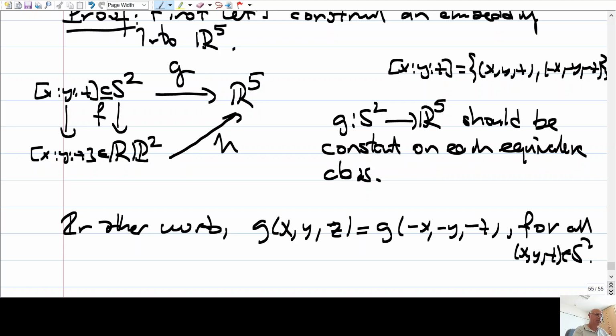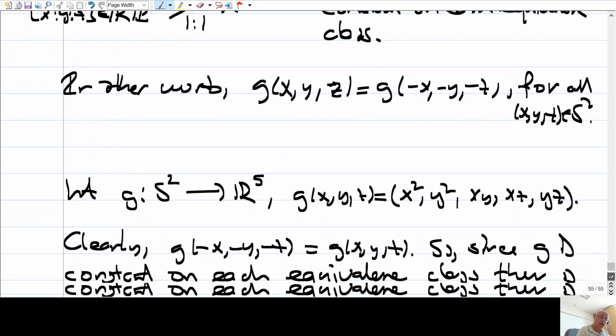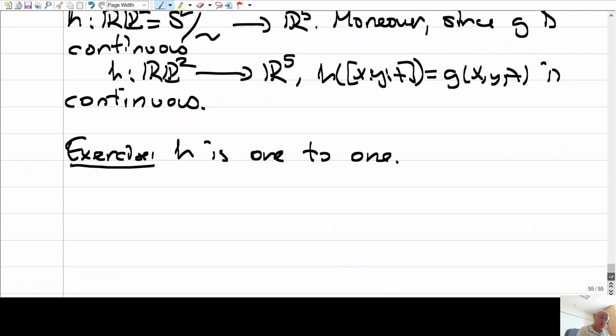It sends (x, y, z) and its negative to the same point. So this is a 2-to-1 map. But H is 1-to-1 because these 2 points are identified here, so they become 1 point. Therefore, this H becomes a 1-to-1 map, and it is continuous.